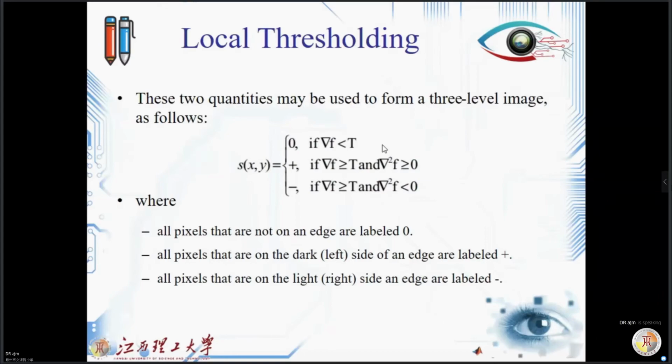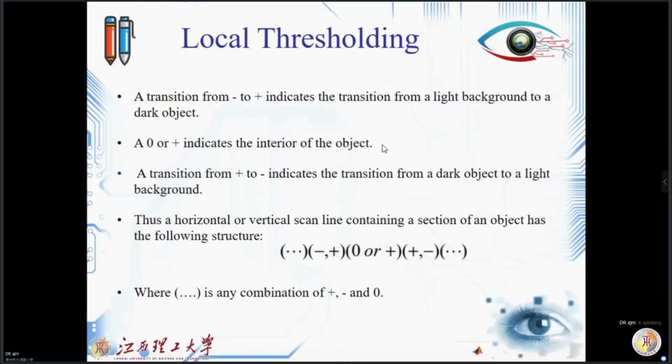The transition from 0 to plus indicates the transition from a light background to a dark object, and 0 or plus indicates the interior of the object. The transition from plus to minus indicates the transition from a dark object to the light background.